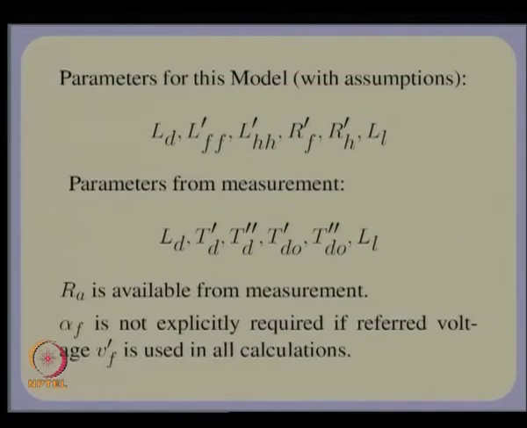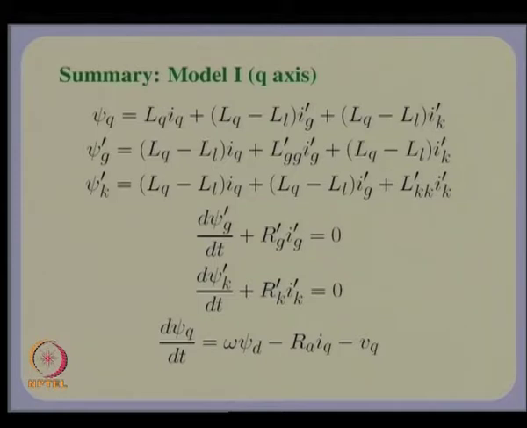Actually, this is something which we have mentioned some time back. The q axis can be similarly found. So model 1 is the model on the d axis and the q axis. This uses parameters back calculated from the standard parameters, but it does make some approximations.